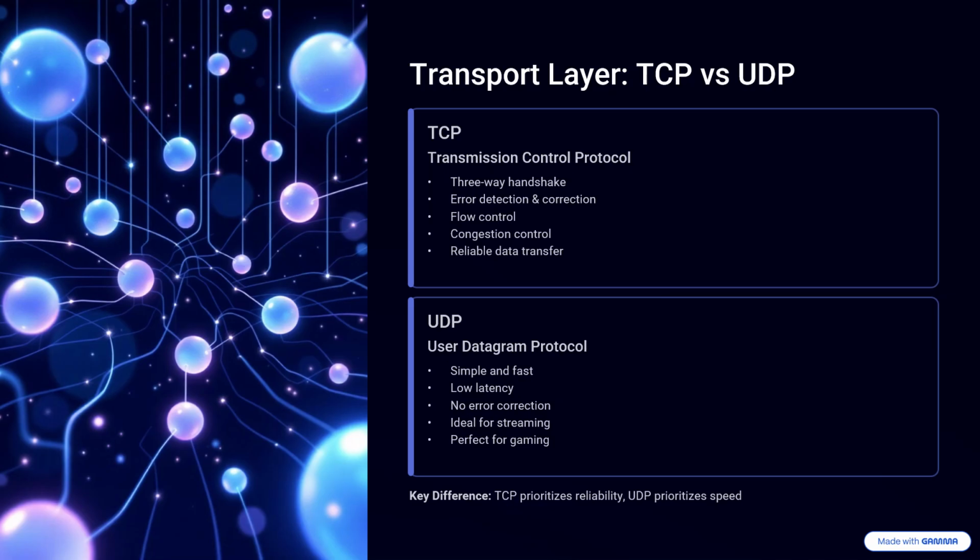So there is no chance for error checking or retransmission of the data which is lost. TCP is used for applications like file transfers and emails where accuracy becomes very critical. UDP is ideal for streaming and gaming where speed matters more than accuracy.